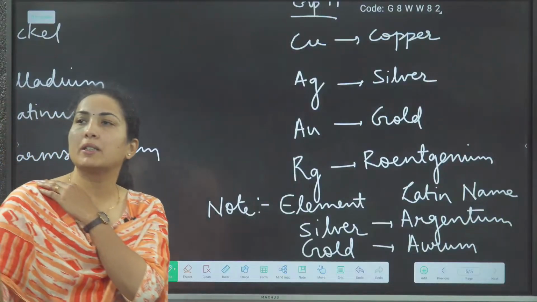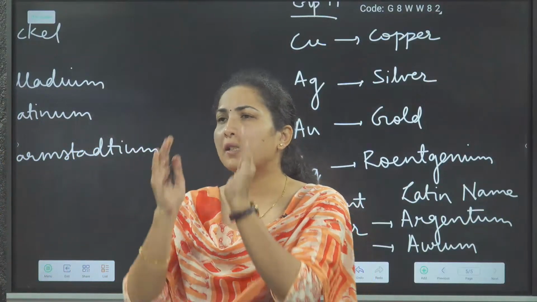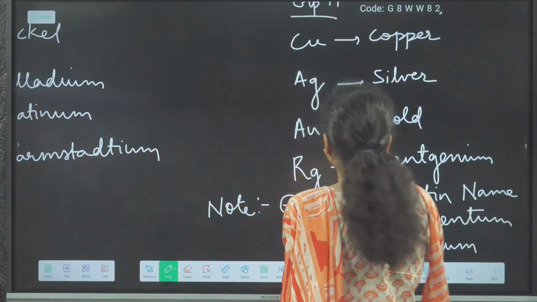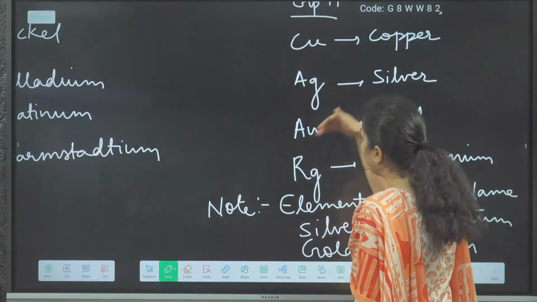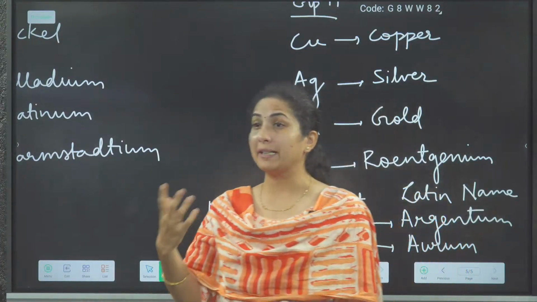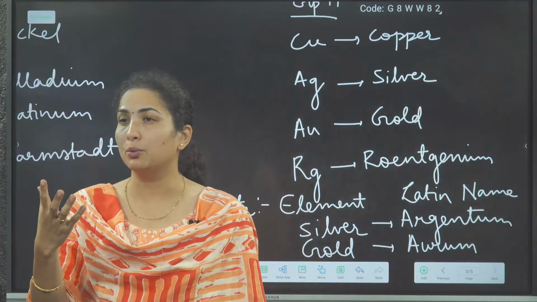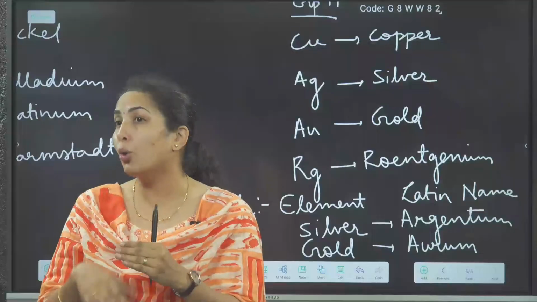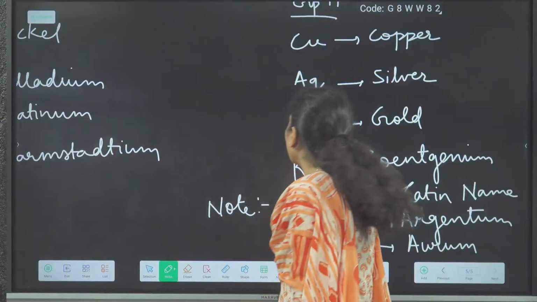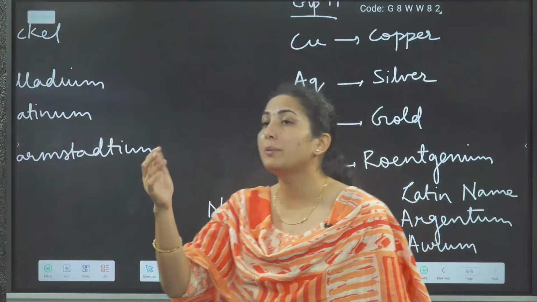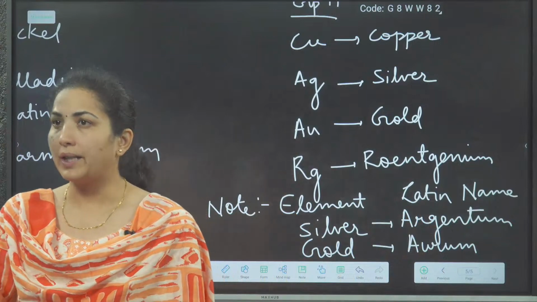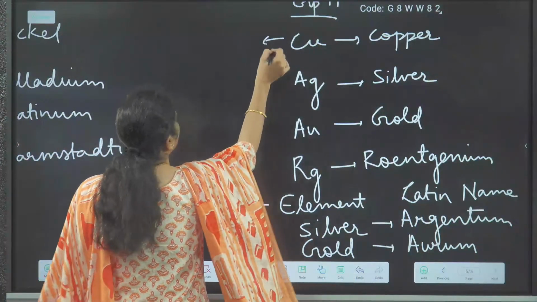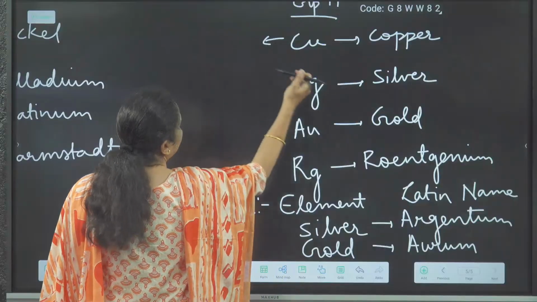Now, how would you remember this? Imagine that the elements in group 11 are placed according to their price, their value. More than copper, Ag is costly. More than silver, gold is costly. And rose gold, like that, you can remember, rose gold will be much costlier than gold, right? Just a hypothesis, okay? So you can remember copper, Ag, Au.